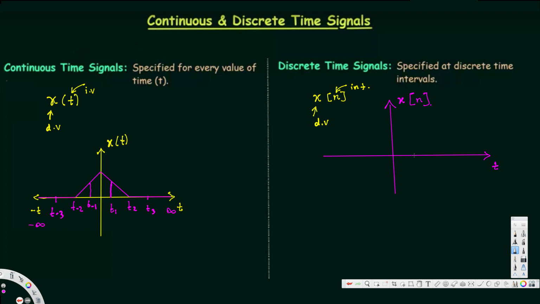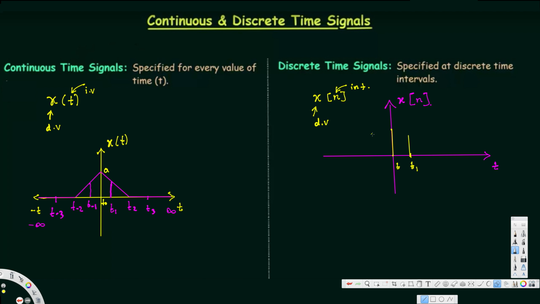For t0, let's call this one a. So at t0 we have a, and at t1 we have this one.